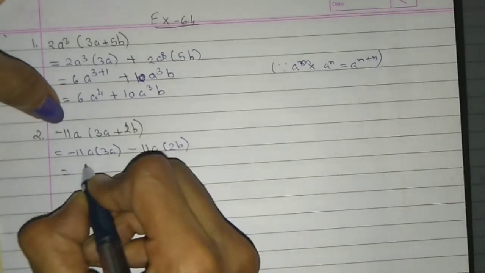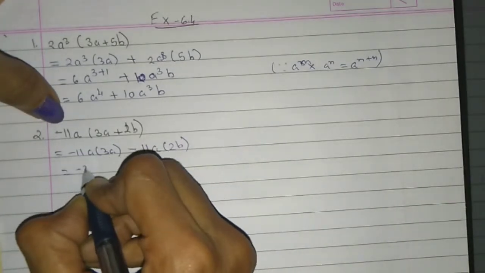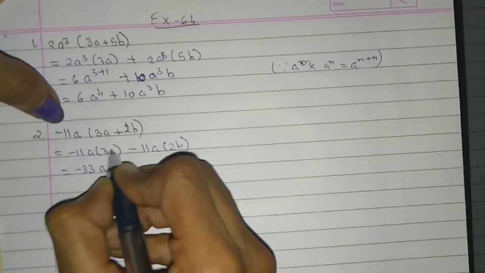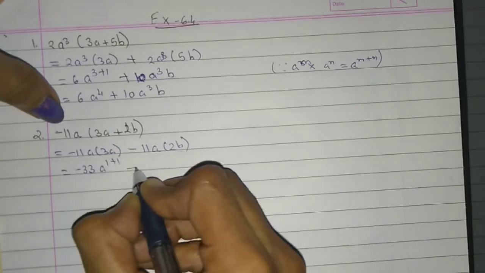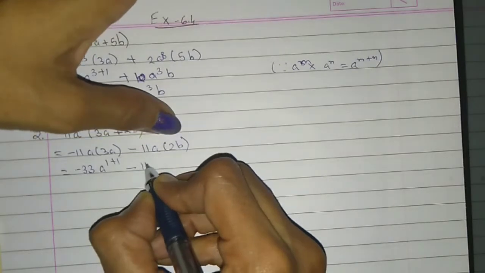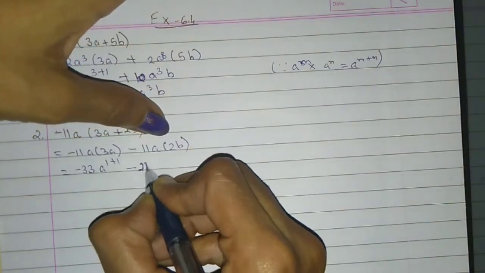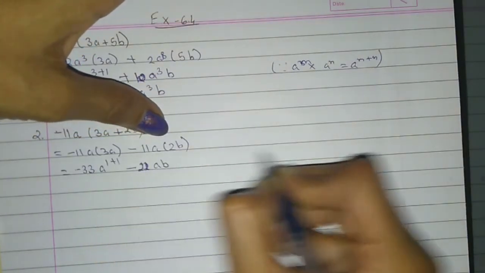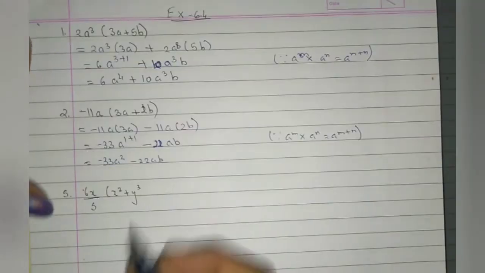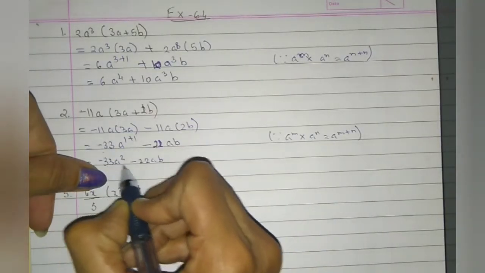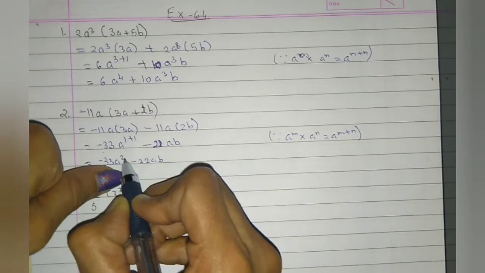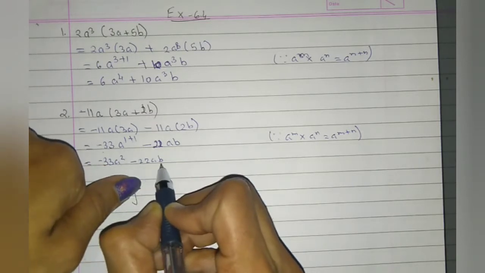So 11 into 3 is minus 33, a to the power 1 plus 1, and minus 11 into 2 is minus 22ab. Now what is the answer here? Minus 33a square, since 1 plus 1 is 2, minus 22ab.